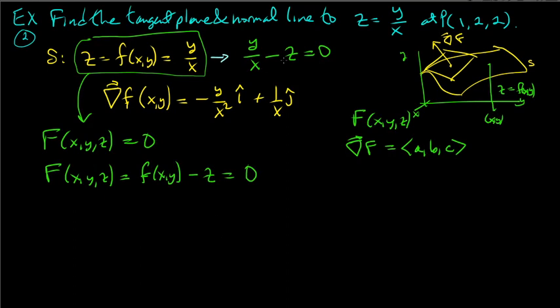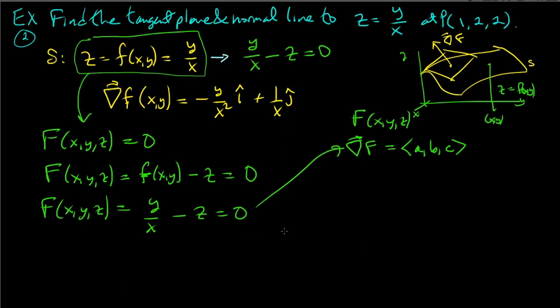You could do it the other way too. You could do z minus y over x equals 0, but just by default, I would subtract the z from both sides. So in this example, my F of x, y, z is just y divided by x minus z equals 0. So this is the thing that you're taking the gradient of.